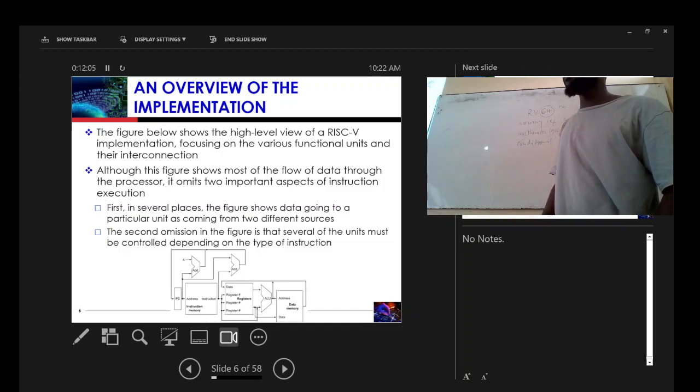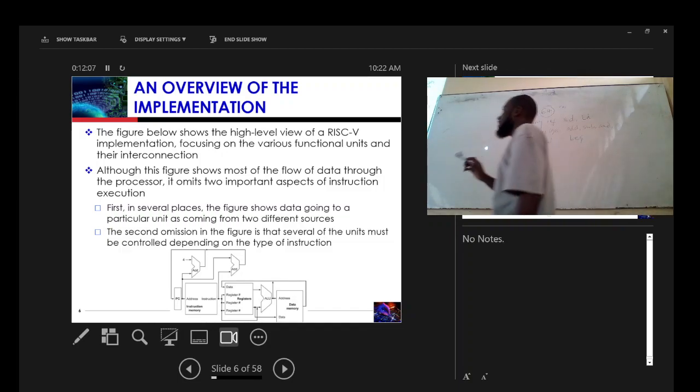Now, observe something here. Let's check this point here. Information or data flows from the PC here to here. Data also flows from here to here. How is that possible? That means there's an issue here, and there's also an issue over here.